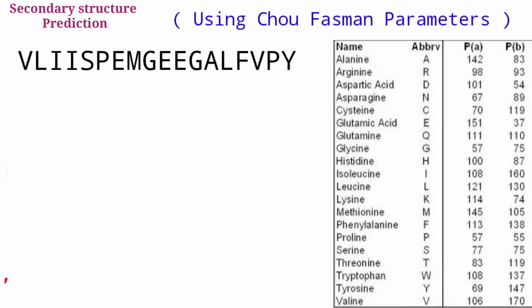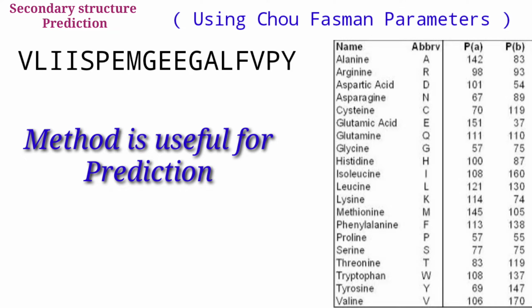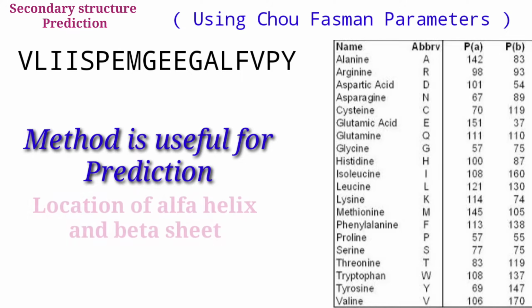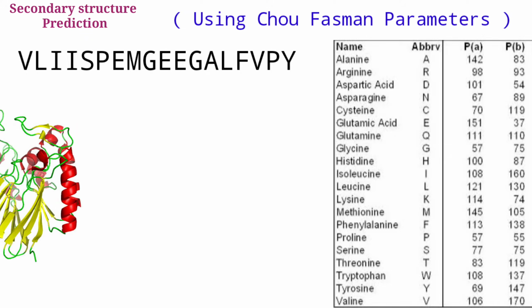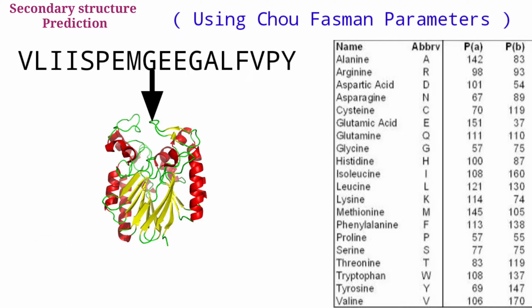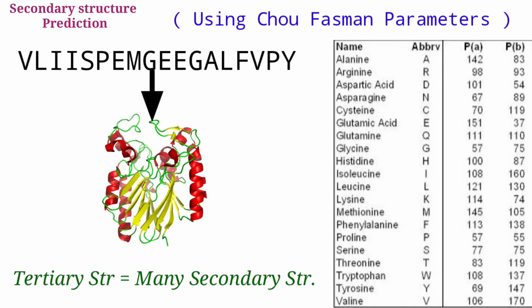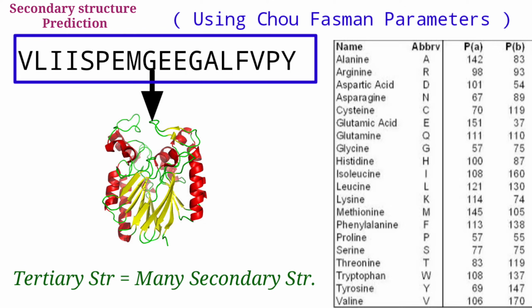You can roughly predict which portion is likely to produce alpha helix and which portion is likely to produce beta sheet. This is why we study that tertiary structures are nothing but many secondary structures, but how can we decide which portion is going to form alpha helix and which portion a beta sheet?